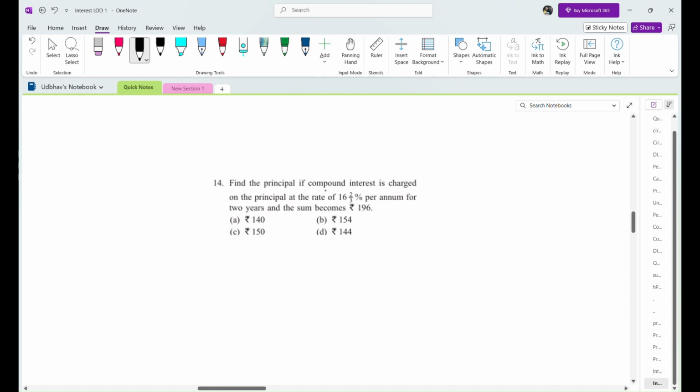Find the principal if the compound interest is charged on the principal at the rate of 16 2 by 3 per annum for 2 years, and the sum becomes 196.